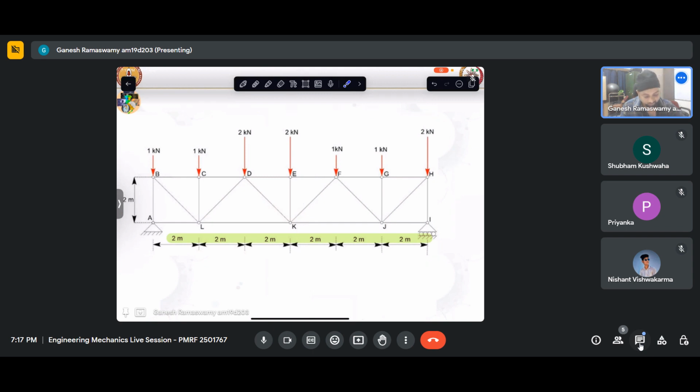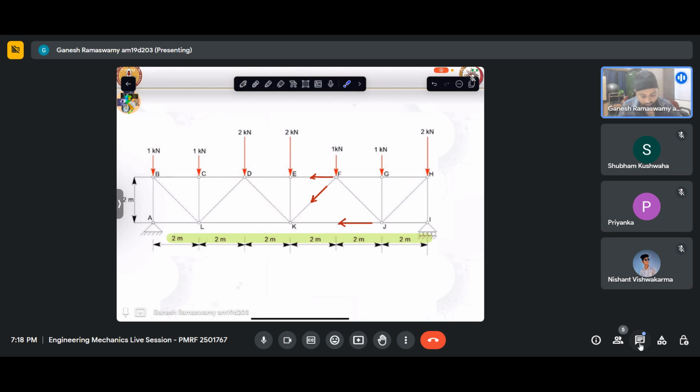So let us see what happens if we take a section like that. Essentially, we will be exposing this force, this, and this force. So in such a case, with these three forces exposed, this is when I take a section like that. I will expose these three forces.